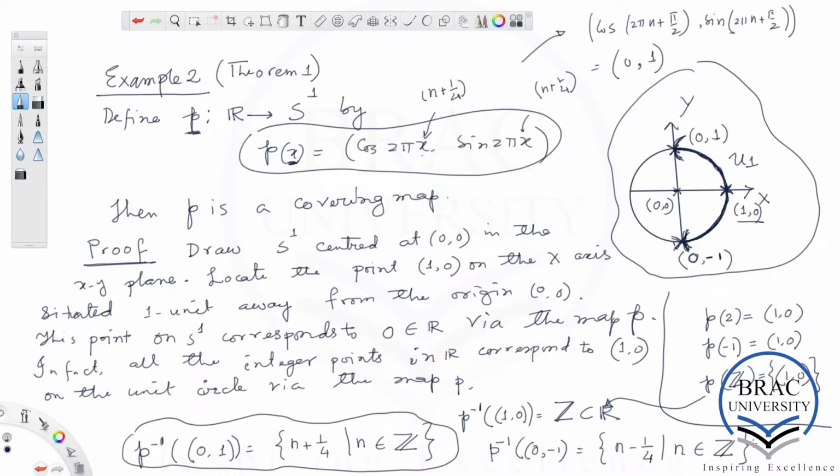Just plug in n - 1/4 here and here to see that we're going to get (0, -1). The x coordinate is going to be 0 and the y coordinate is going to be -1.